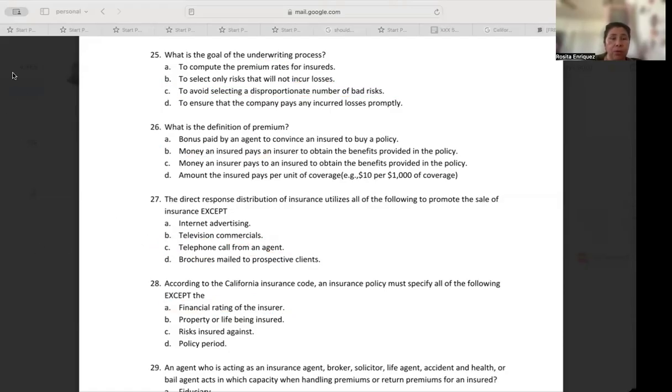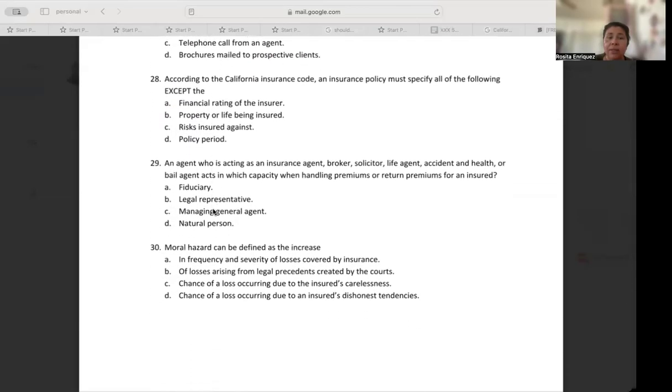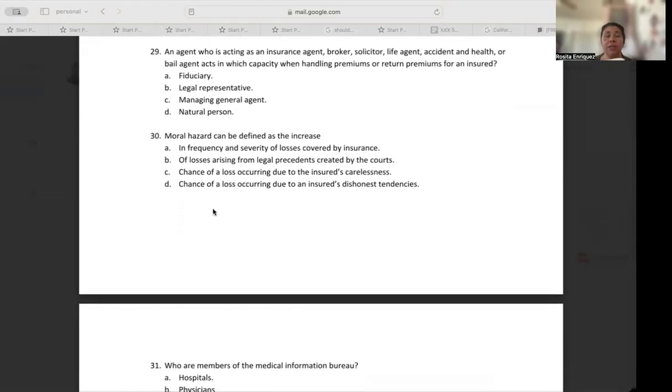Let's go to number 29. An agent who is acting as an insurance agent, broker, solicitor, life agent, accident and health, and bail agents acts in which capacity? This is another keyword in insurance. Fiduciary.